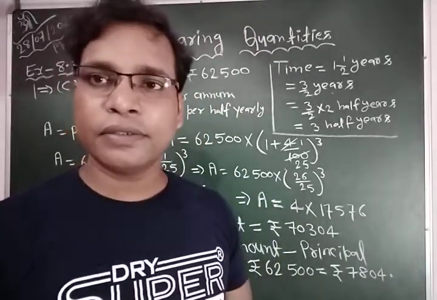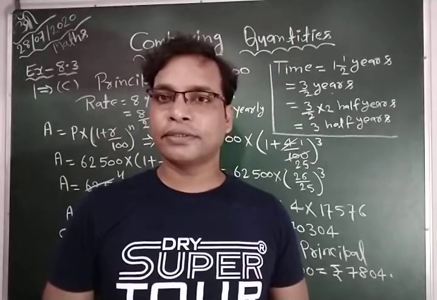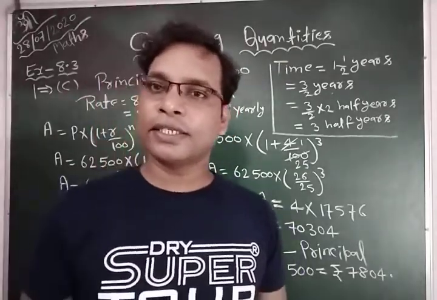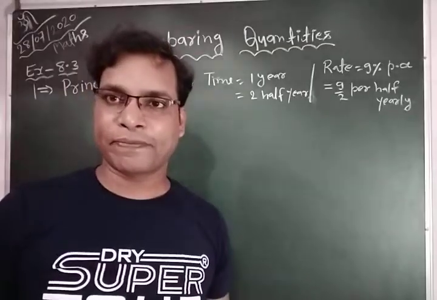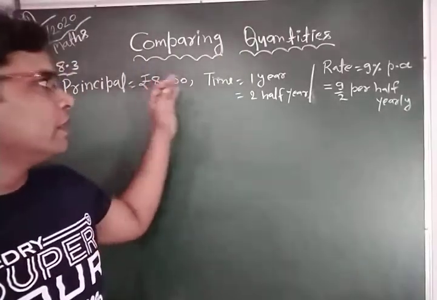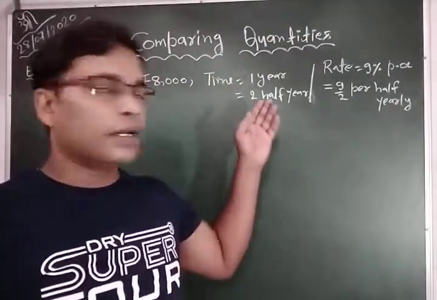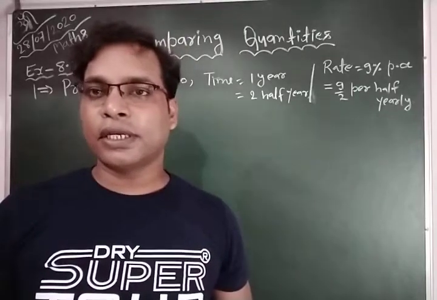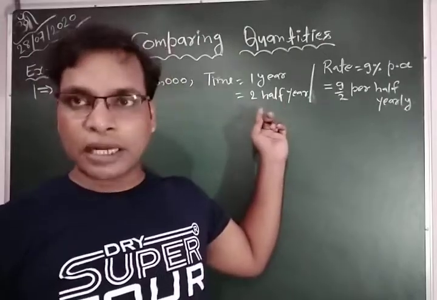So you find here amount and compound interest. Let's see how to solve this question. Here this is the principal, and time is given as 1 year, but we find compound interest and amount half yearly, so we change it into half years.